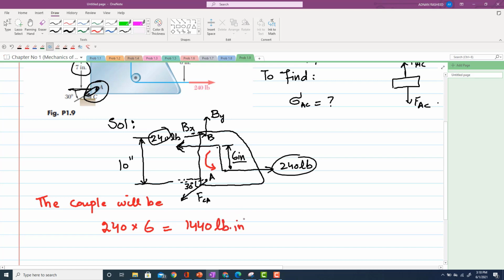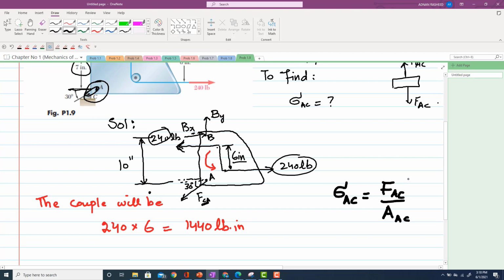This couple will be available here due to these forces. Okay, we have found this couple. Now we are interested in finding this force, because we are going to find sigma AC, and this sigma AC is equal to FAC divided by the area of AC. Clear?